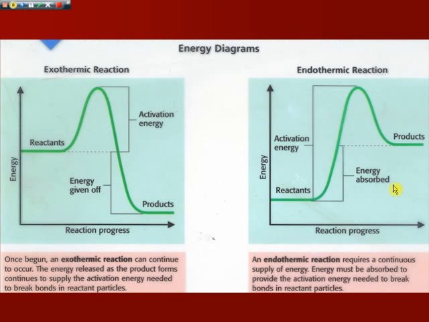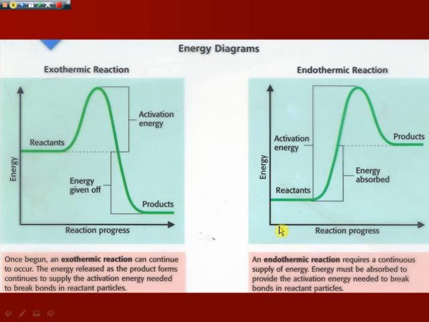Now, if we look at these energy diagrams, the energy diagram on the left shows an exothermic reaction, and the energy diagram on the right shows an endothermic reaction. Now, here we can see that the reactant particles are on the left, and the products are on the right. And the same is true with the endothermic graph. Reactants on the left, products on the right.